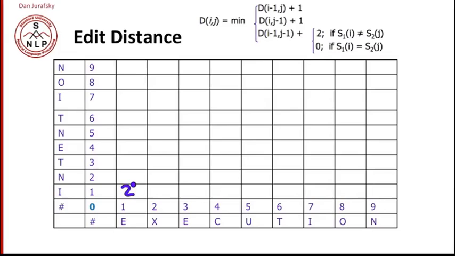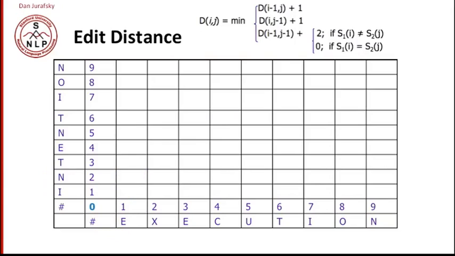Similarly, if we want to know the distance between in and e, it's the minimum of the distance of in to nothing plus 1, so 2 plus 1, or 3, or the distance between i and e plus the cost of adding in that n, or 3, or the cost of having just an i and adding in that n to e substitution, which is 2, or 3.